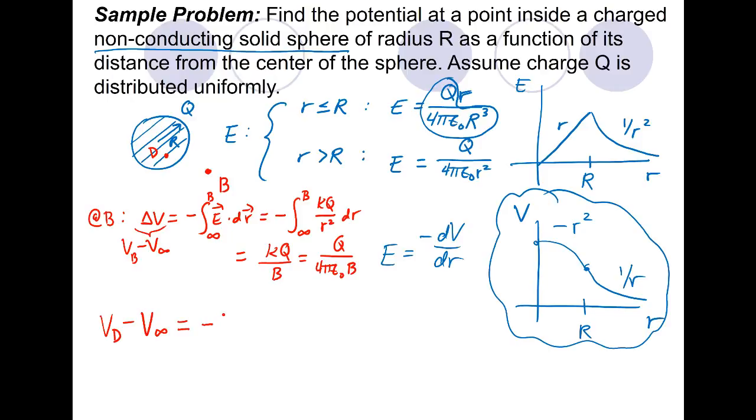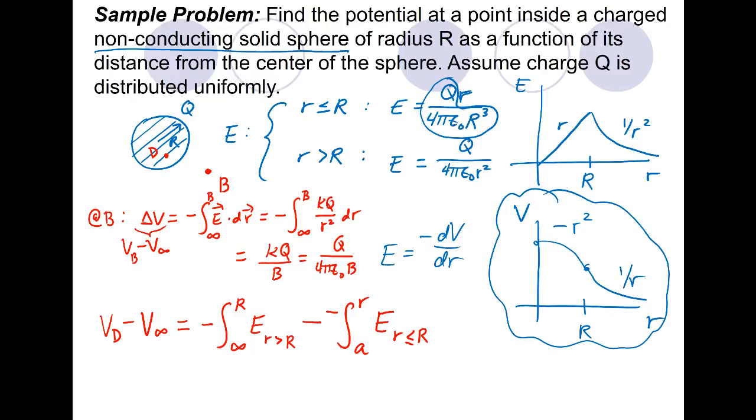We have to do basically the integral from infinity to R of the electric field when R is greater than big R. Okay, and then we have to minus the integral from A to little r of E when R is less than or equal to big R.